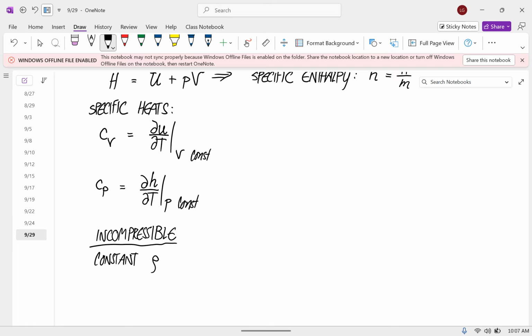So no matter how much pressure you put on an incompressible material, a certain amount of volume is going to have the same mass. You can't squeeze more mass in. Like marshmallows don't have constant density.